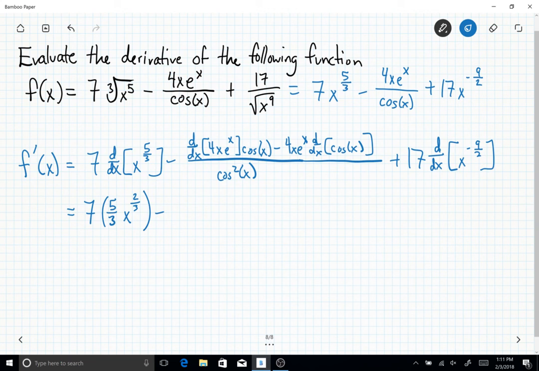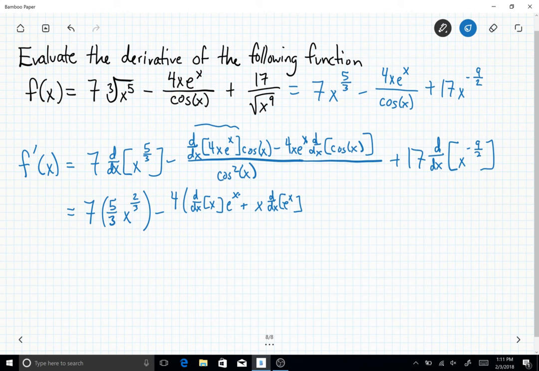In the second bit, though, notice that this derivative is a product of two functions, along with the 4 sitting out there. So we have to use the product rule. So you get 4 times the derivative of x times e to the x. And this time it's a plus. Then we'll have x times the derivative of e to the x.